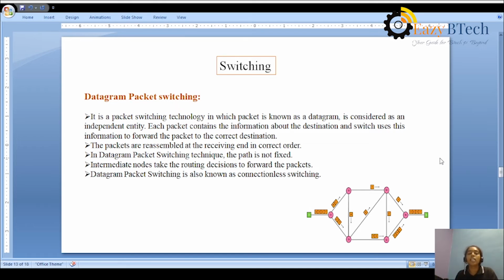These intermediate nodes take the routing decisions to forward the packets. In datagram packet switching, routers act as intermediate nodes, and they find the best route or shortest path to send the packet from source to destination.